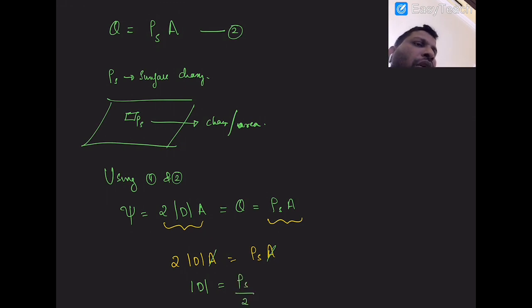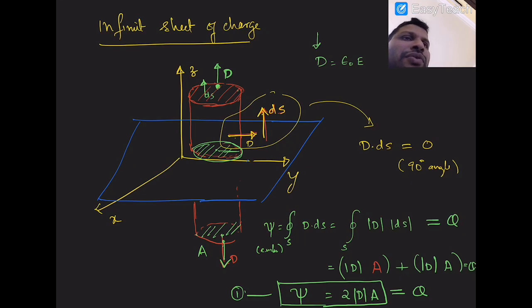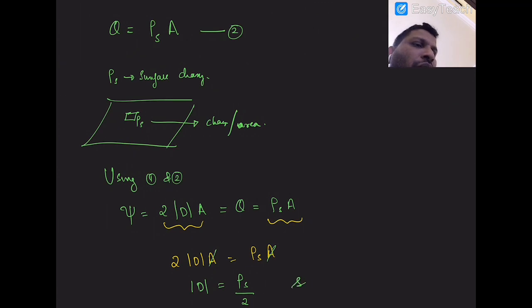So what will be the direction? The direction is nothing but this direction. This is the direction of ds, or it is normal to the plane. So my D is rho s by 2 and it is normal to the plane.